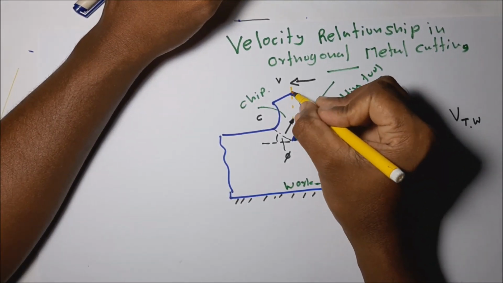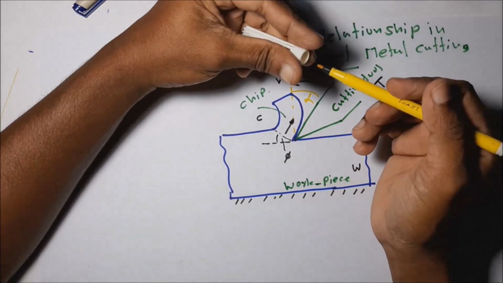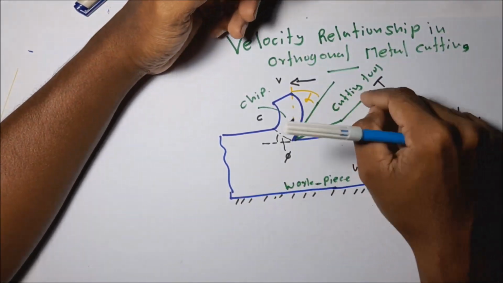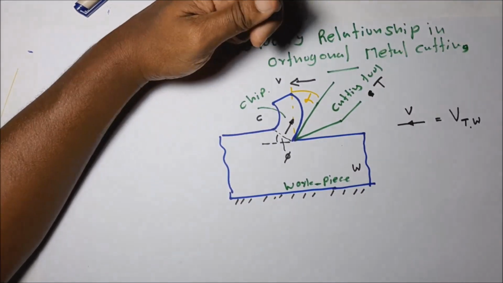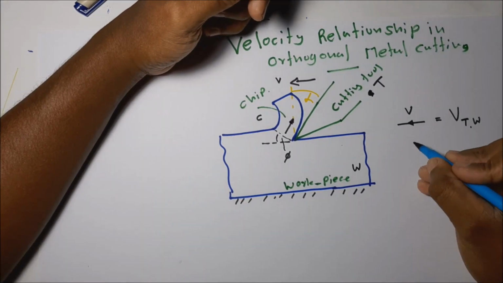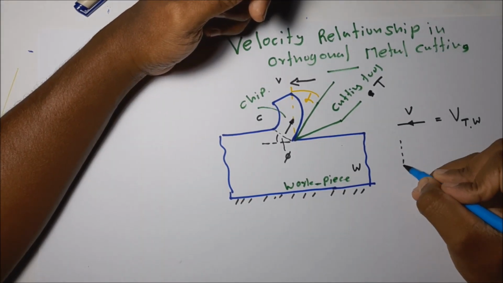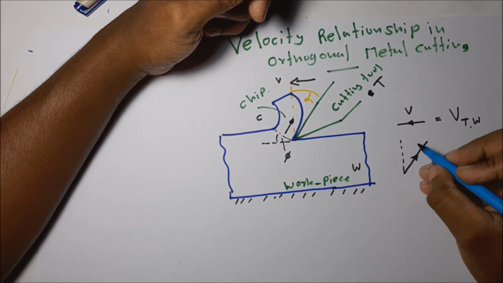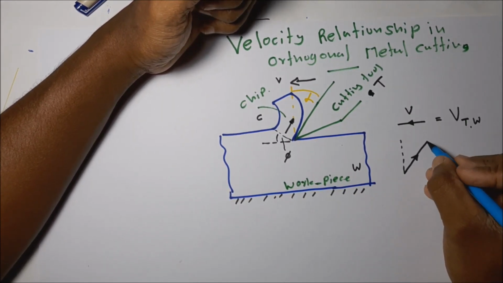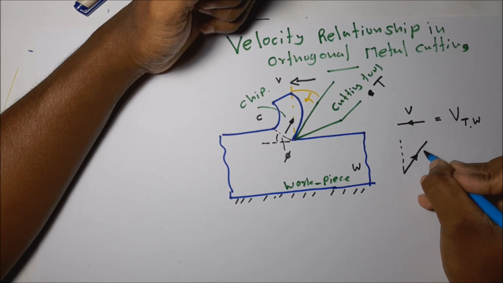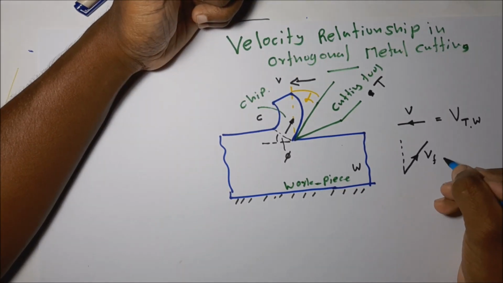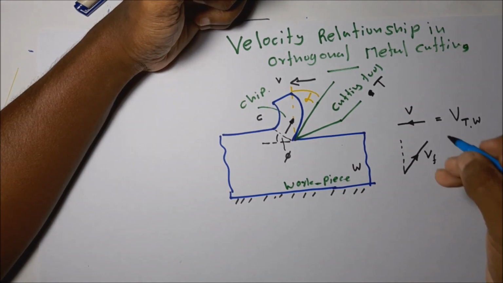This is called the alpha rake angle. So the direction of the chip with respect to the cutting tool is at an angle alpha to the vertical in this direction. I am using Vf for the chip flowing velocity over the tool face. Okay.